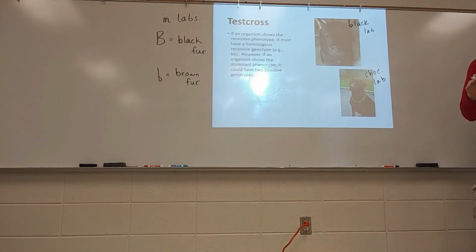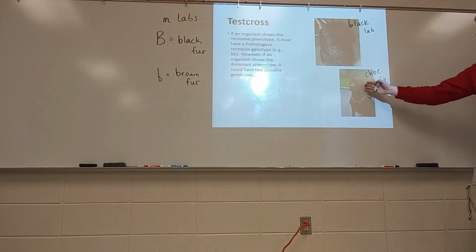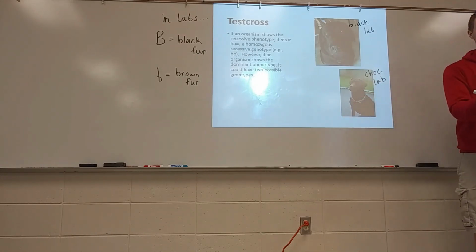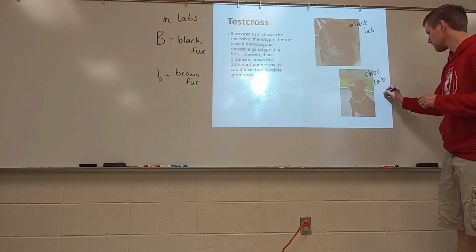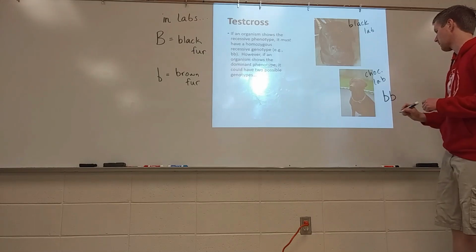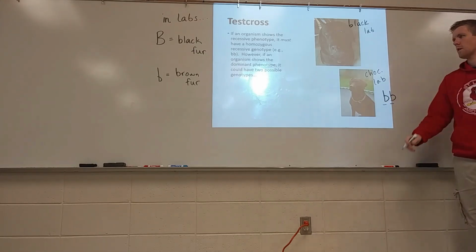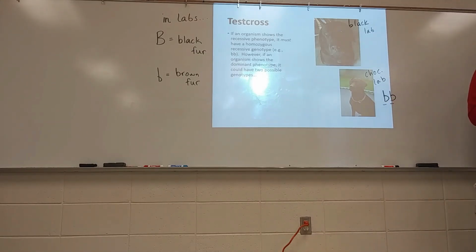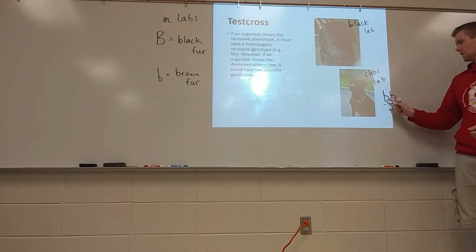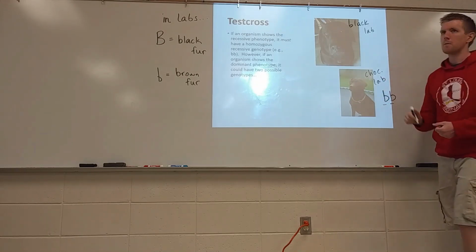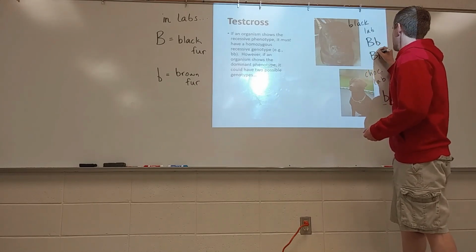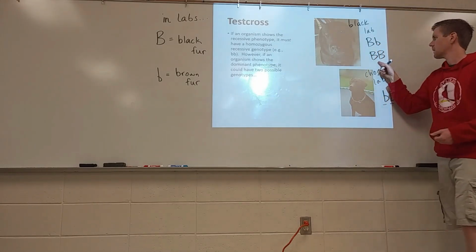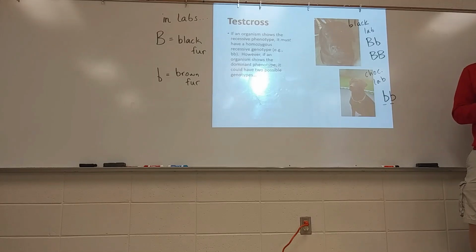If you look at a chocolate lab, you know, based on its phenotype, brown fur, what its genotype has to be. The only way you're going to have brown fur is if you have 2 copies of the recessive allele, little b, little b. But if you're a black lab, you could be homozygous dominant or heterozygous.